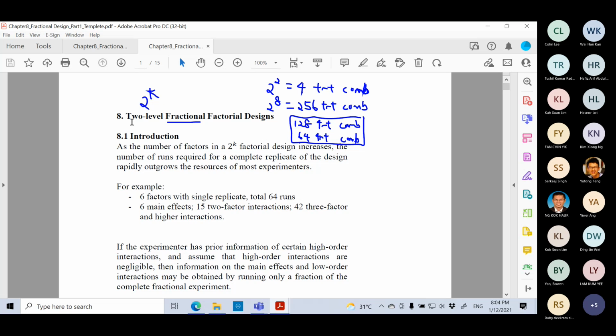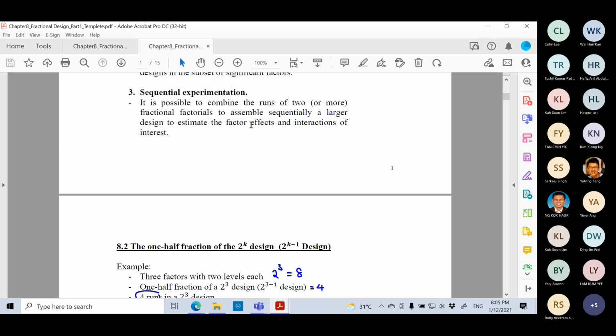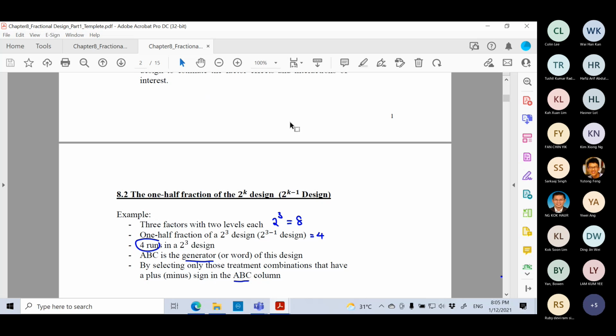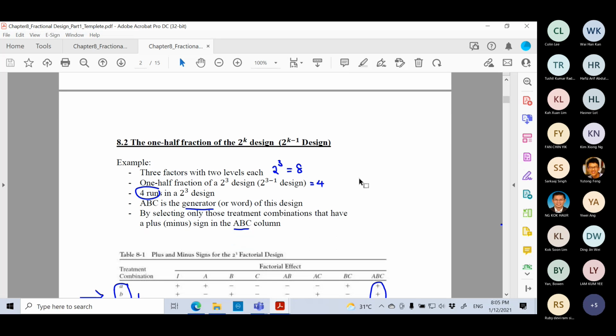In this chapter, we are studying what is called the two-level fractional factorial design. I have given you some explanation about what is meant by the generator.